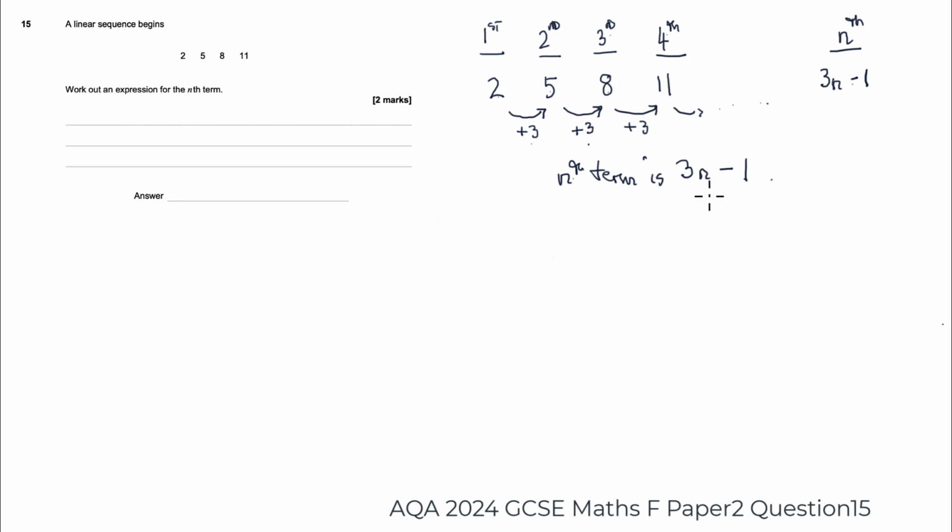If you want the 100th term, it would be 3 hundreds minus 1, 299, and so on. So the answer, write out an expression for the nth term. That expression is 3n minus 1. That's your expression for the nth term.